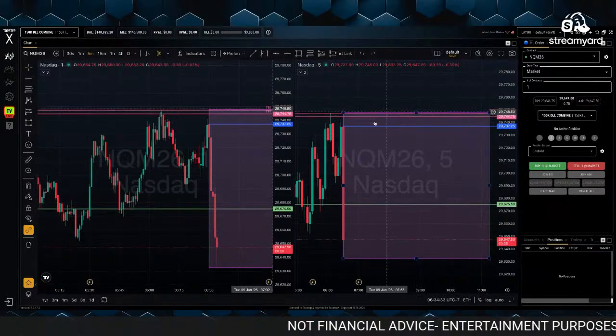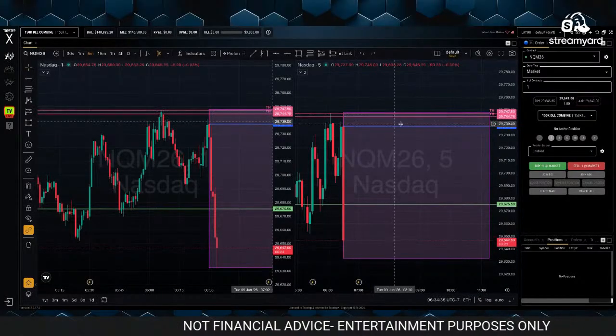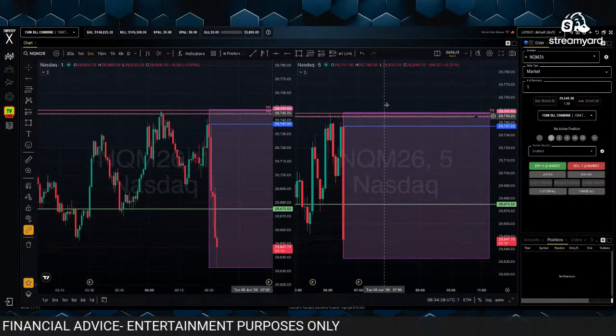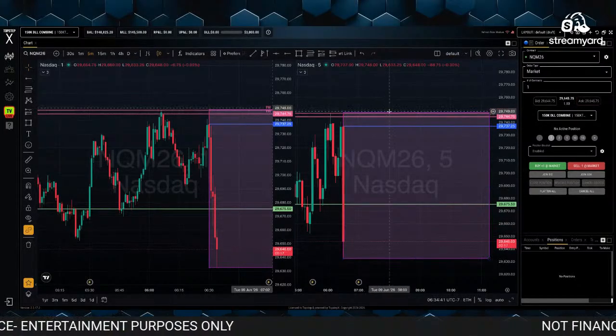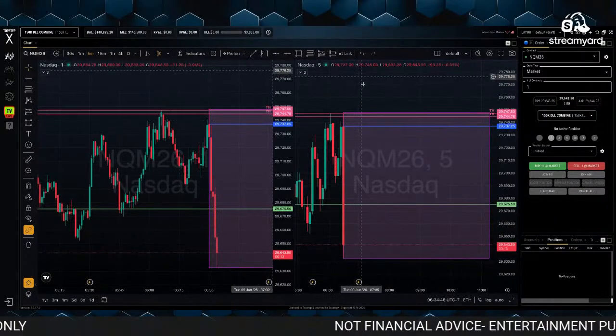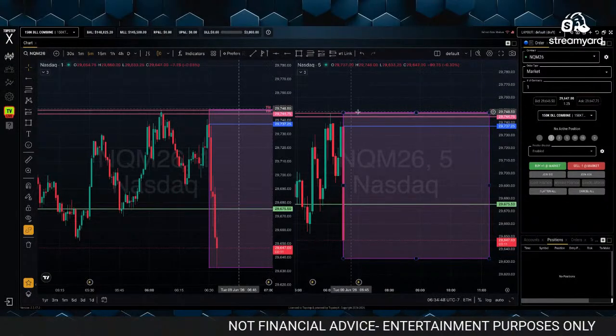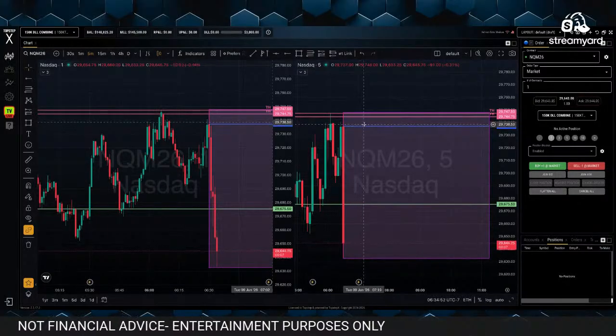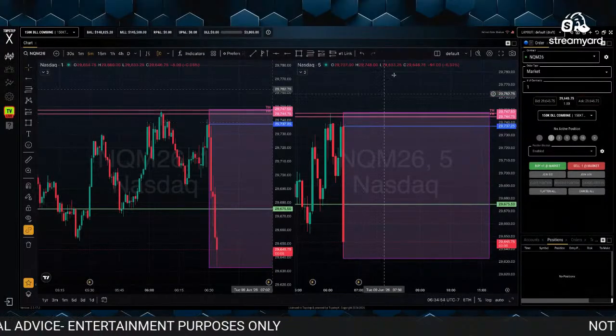This area is strong for me up here because I have two pink lines that are important and then the purple line up here. So if I get a nice break above here and it comes back to somewhere in this area, I'm going to look to buy to keep going higher.